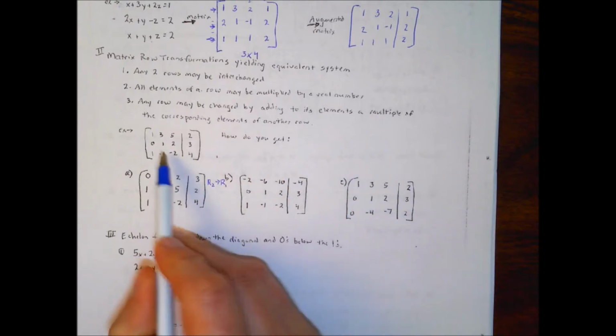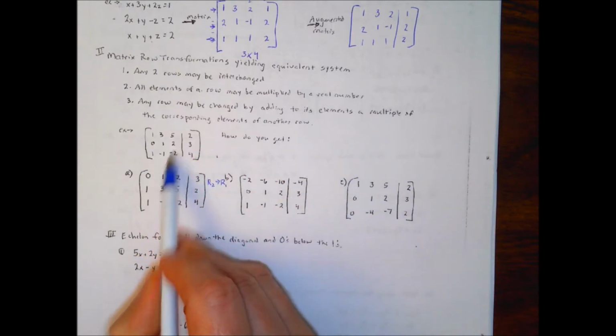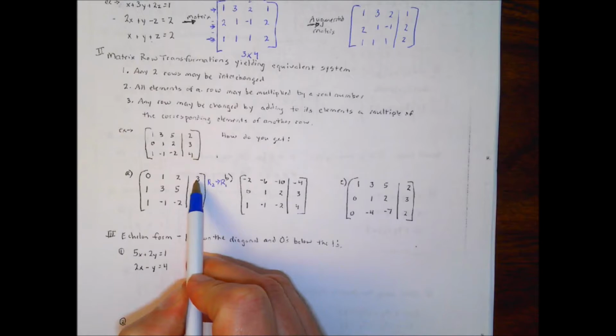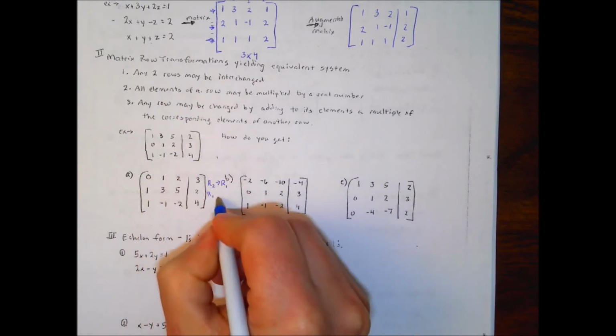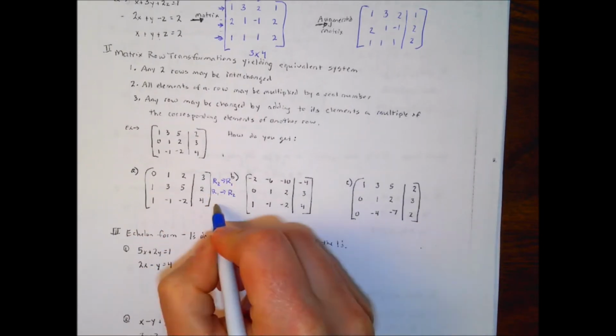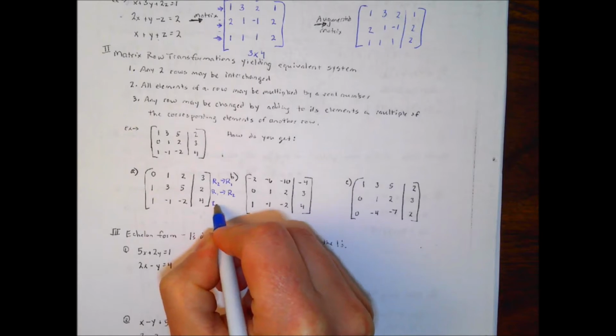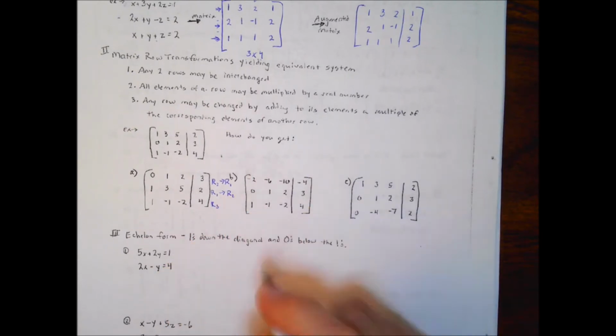We took row 2 and put it up here in row 1. And we got this one because we took row 1 and put it in row 2. R3 is just the same, unchanged.